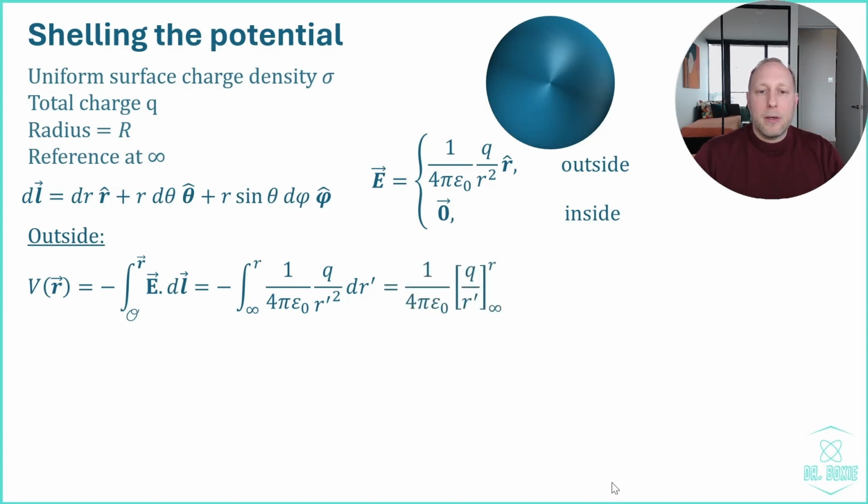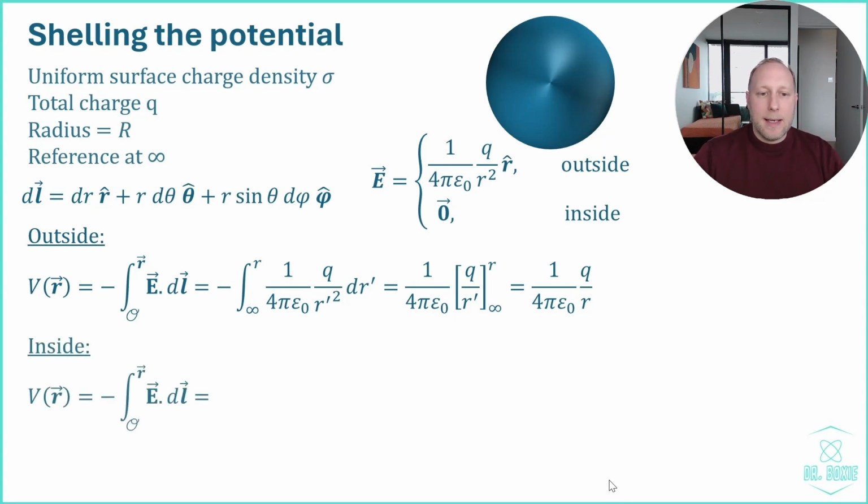We're left with the integral of 1 over r squared dr, which is negative 1 over r. And that negative cancels the negative outside the integral, and we're left with this expression. And notice that the boundary term at infinity vanishes, and we're left with this expression. So this is the expression for the electric potential, the electrostatic potential, outside of the shell.